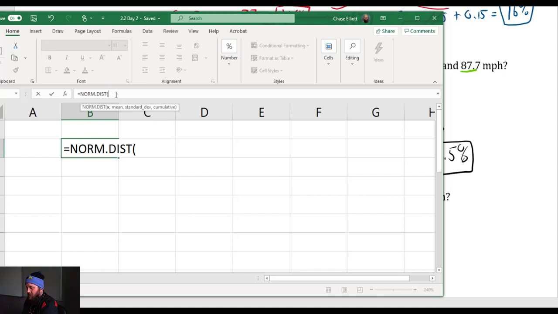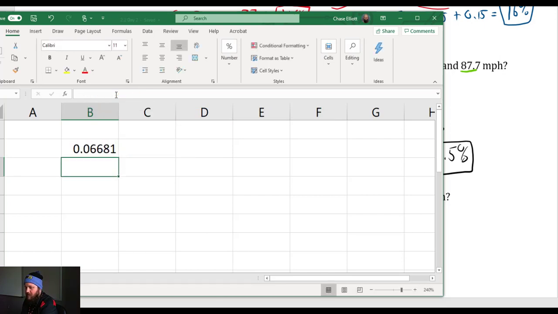So our z-score was negative 1.5, comma, and then we've got our mean, which in this case was 80. Oh no, sorry, since we use z-scores, our mean is 0. Our standard deviation is 1. And then where it says cumulative, you want to type out true, or select true.